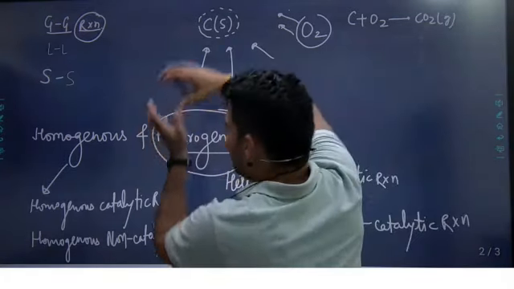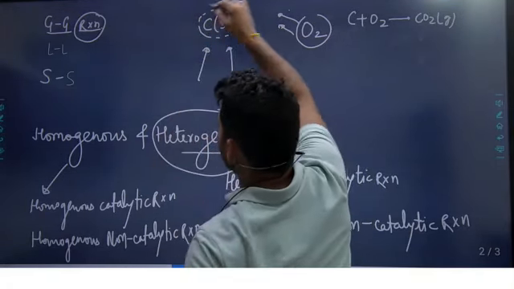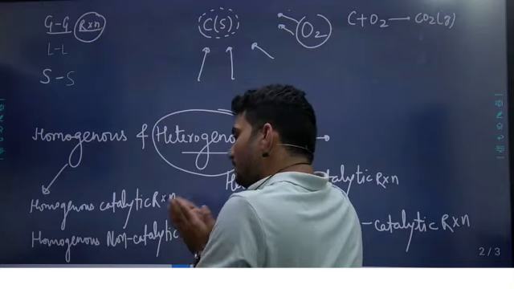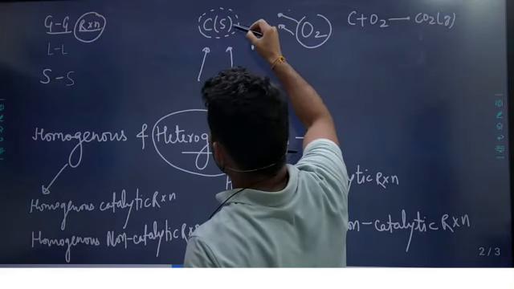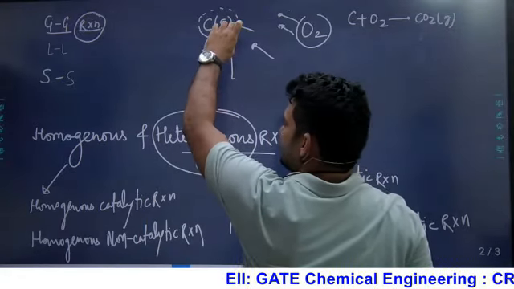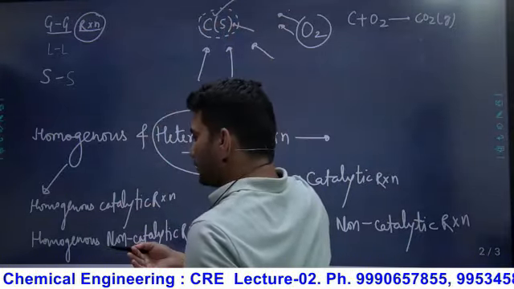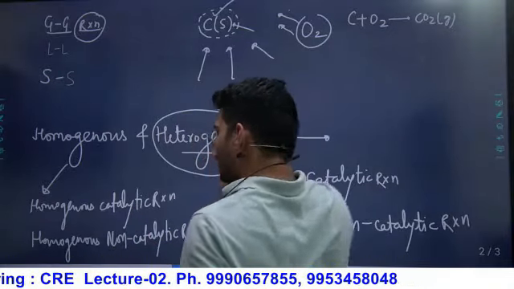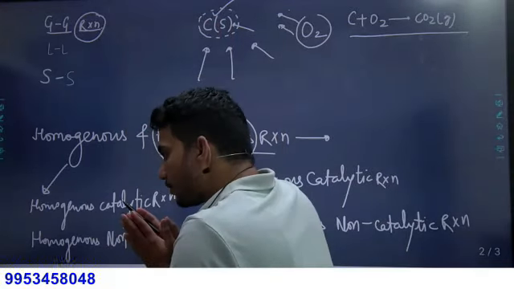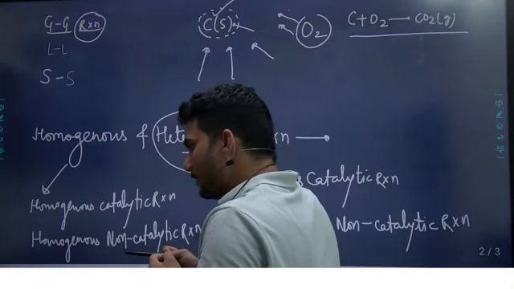After burning the carbon, the ash content will cover the surface of the coal. Then the reaction cannot take place until the oxygen penetrates through the film, then penetrates through the ash, and reaches the surface of the unreacted coal. Then the reaction will take place. C plus O2 gives CO2. So here the reactant is not easily available for the reaction.